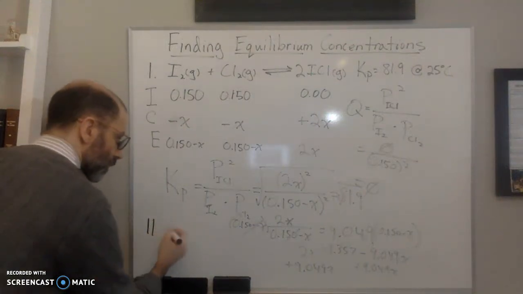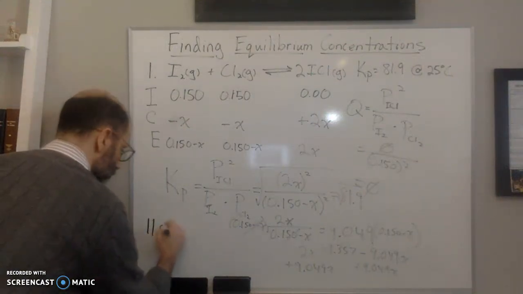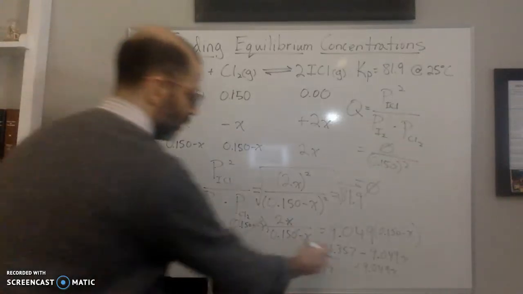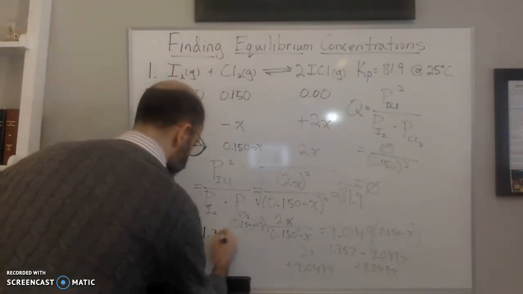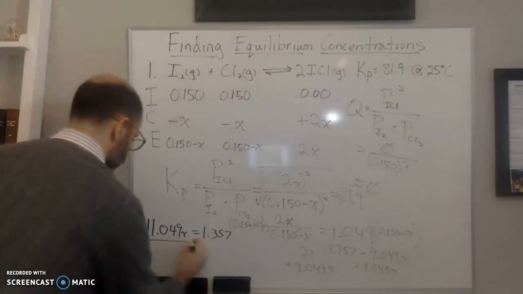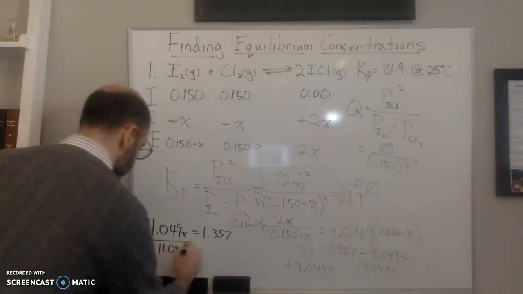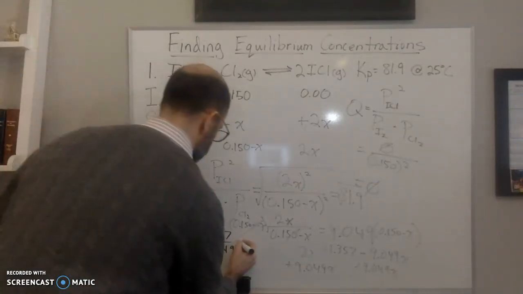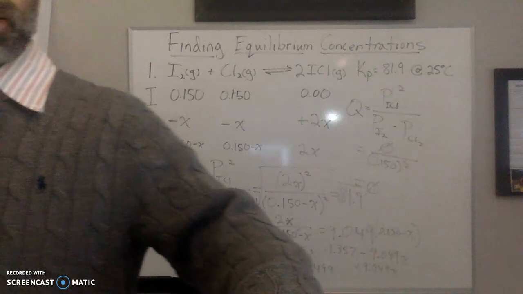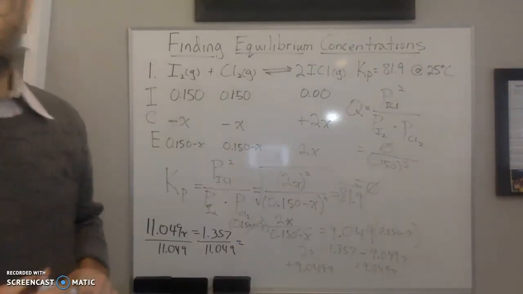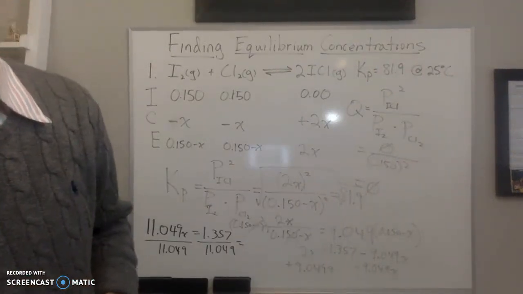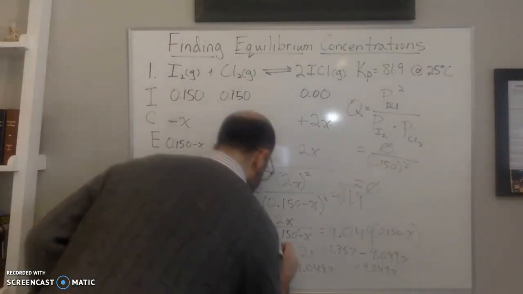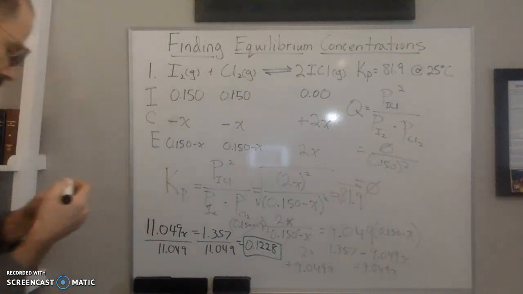Oh, that's much better. 11.049x is going to be equal to 1.357. And then you divide both sides by 11.049. And then you get x. So x is 0.1228, and so that would be x.